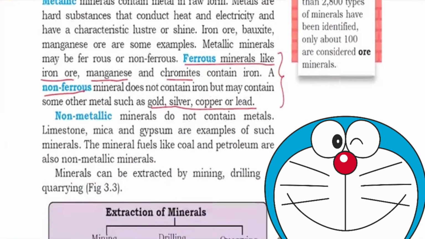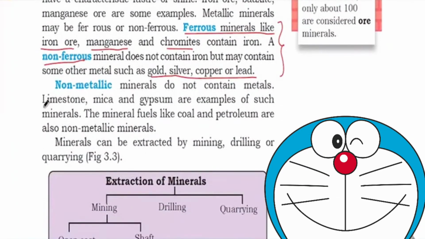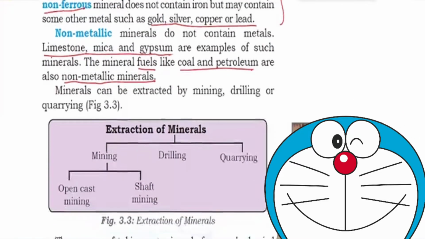Then you have non-metallic minerals such as limestone, mica, gypsum. It is not a metal, but it is a mineral because it has a certain chemical composition. And then we talk about fuels, fossil fuels like coal and petroleum, which are also non-metallic minerals.